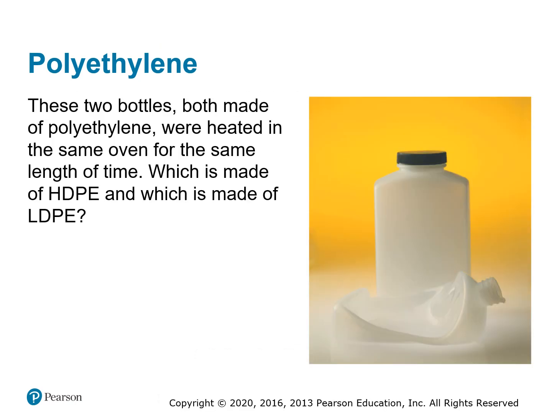So here is an example of polyethylene. Now, when you heat up these two types of polymers, the high density and the low density polyethylene, they have different properties. Here we have two bottles.